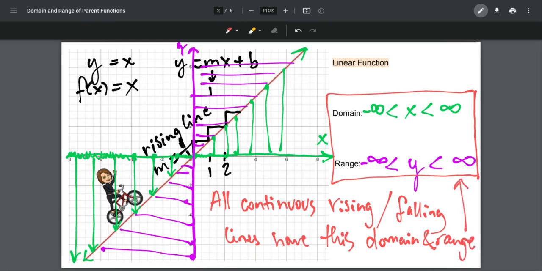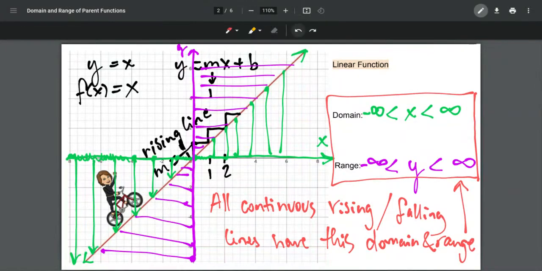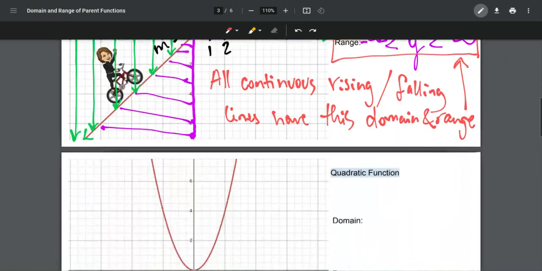Always true. Now, of course, if you cut a piece of the function, let's say you cut it off like this, well, that will change your domain and range. You can play with that later as you please.